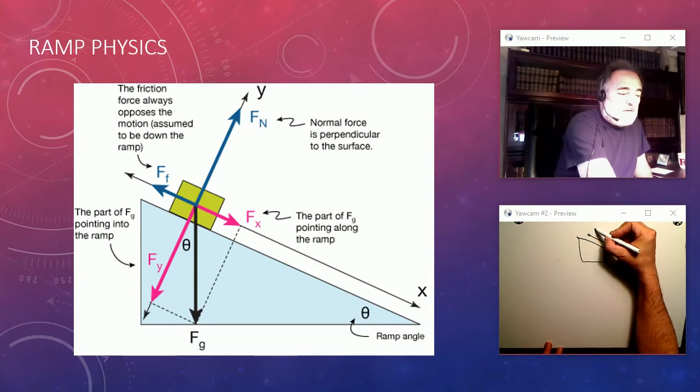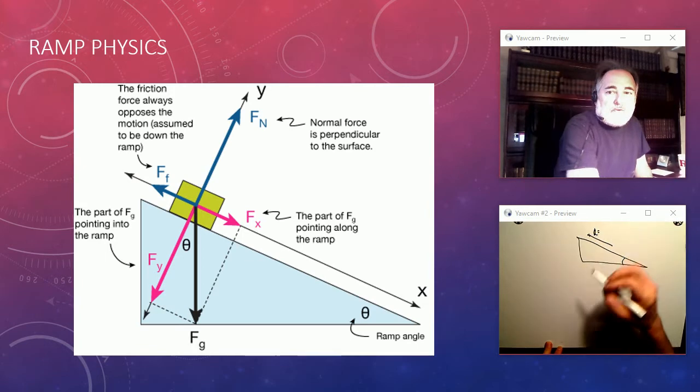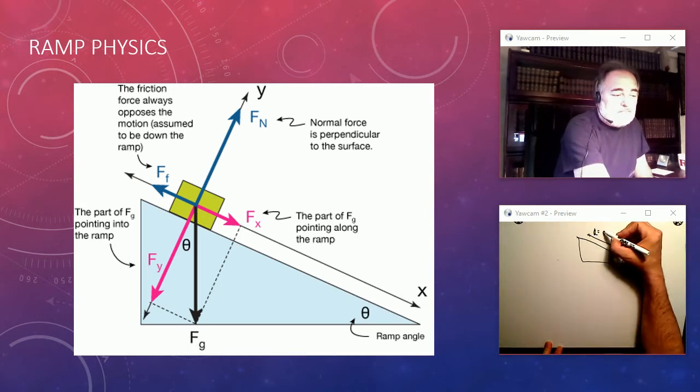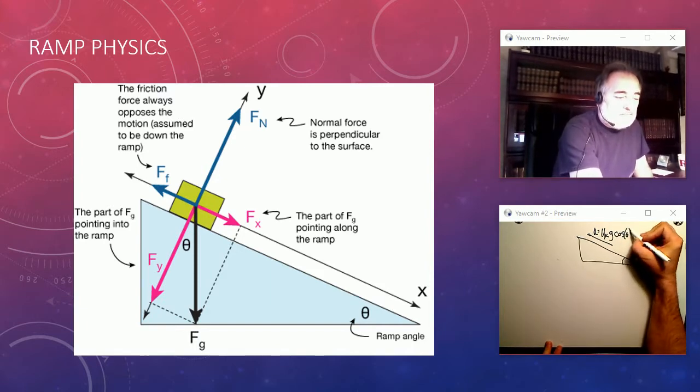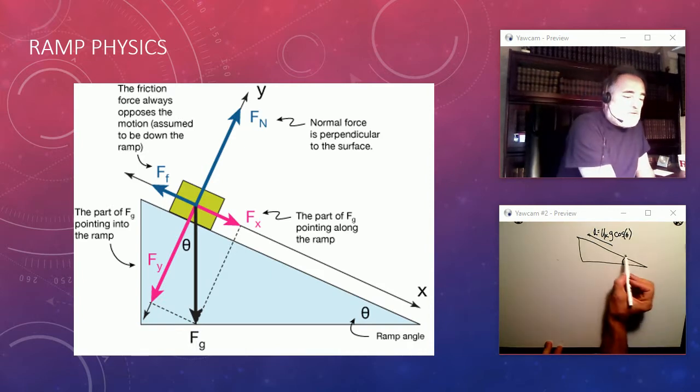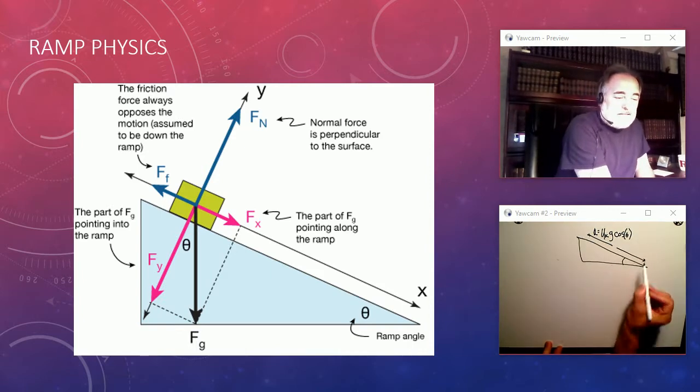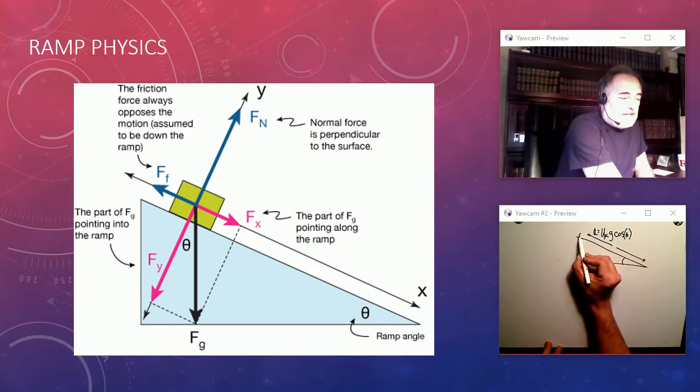So the acceleration down the ramp is going to be equal to, I'll make this larger in a minute, the coefficient of kinetic friction times gravity times the cosine of the angle. That's going to oppose gravity coming down if this is a block sliding down.